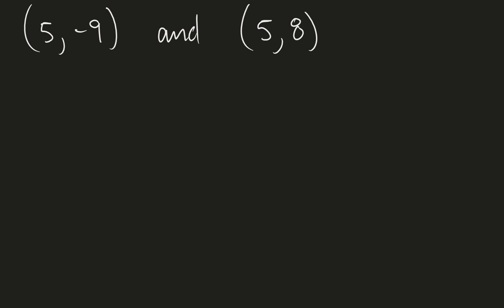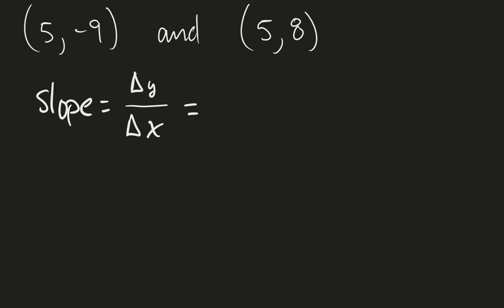We'll look at first the points (5, -9) and (5, 8). And the instructions are: write the equation of a line in point slope form that will go through those 2 points. Well, I definitely have a point, right? I've got all the points I could possibly need. What I don't have is the slope. So I'm going to go ahead and find the slope here, and I'll remember that it's going to be equal to the change in my y values divided by the difference in my x values.